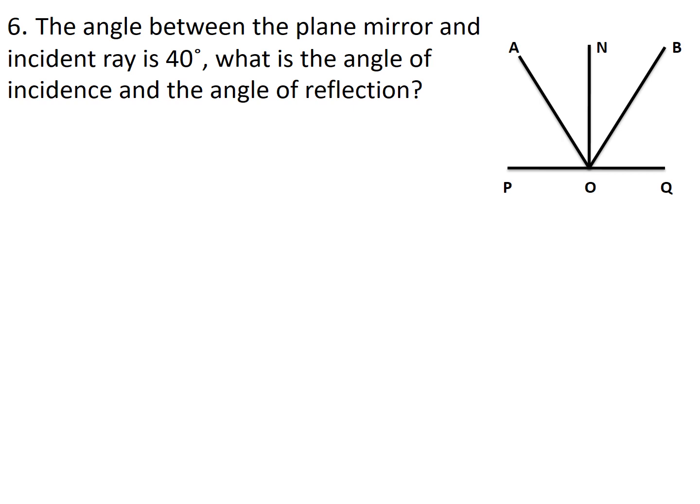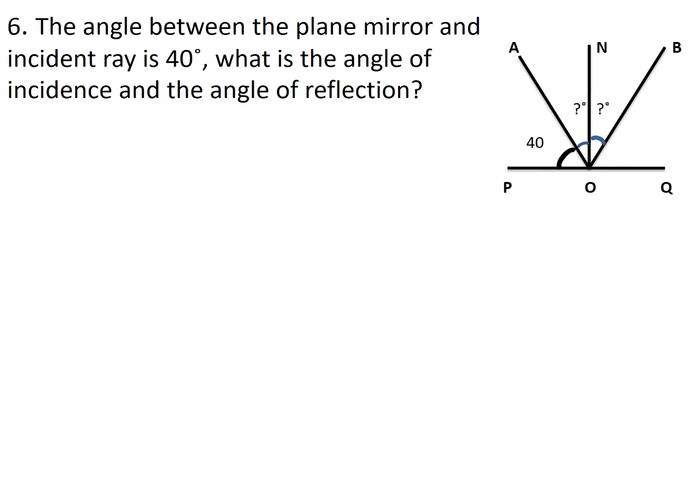What is the angle of incidence and the angle of reflection? We will show it in the diagram. The plane mirror is PQ, incident ray is A. The angle between them, they say, is 40 degrees.